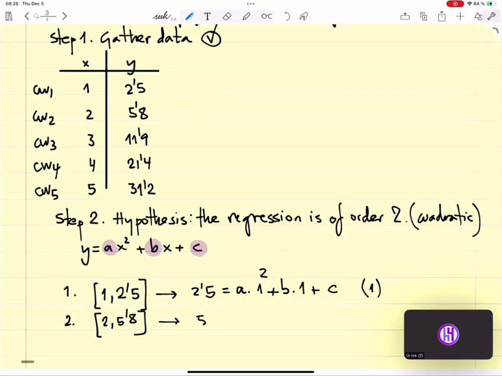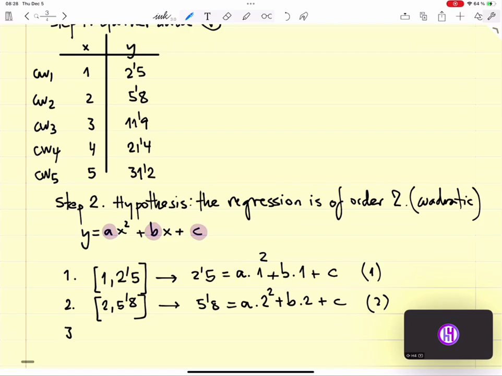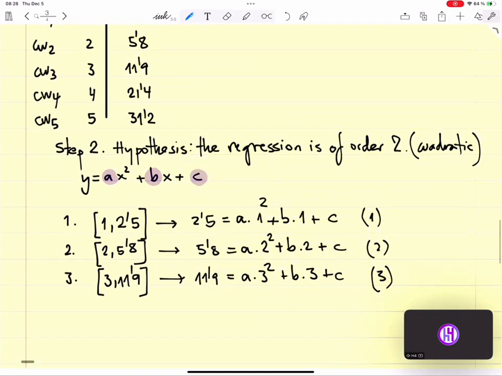So if we put that in there, we get a times 2 squared plus b times 2 plus c. This gives us the second equation. We need 3 because we have 3 coefficients. This is 3, 11.9. So 11.9 equals a times 3 squared plus b times 3 plus c. This gives us the third equation.